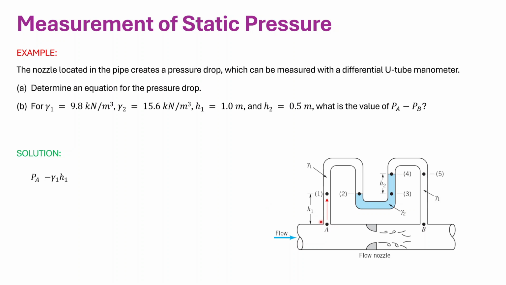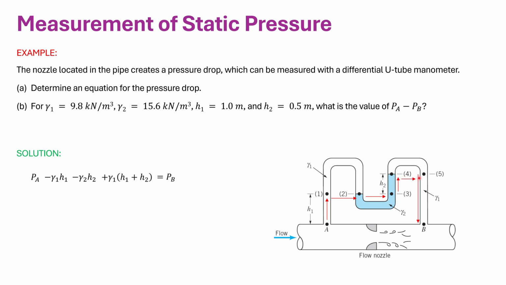So we start from point A. PA minus gamma 1 H1, because we're going up, and then we can go to the right, and also from this point we can go to the right because we are still on the same line. And then from here we can go up, therefore it's negative, minus gamma 2 H2.